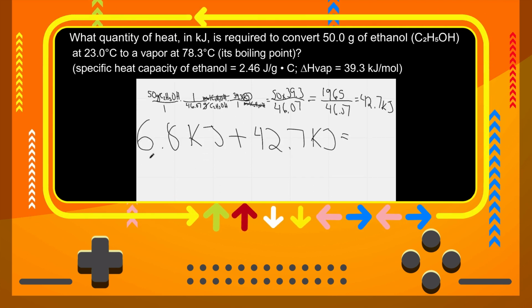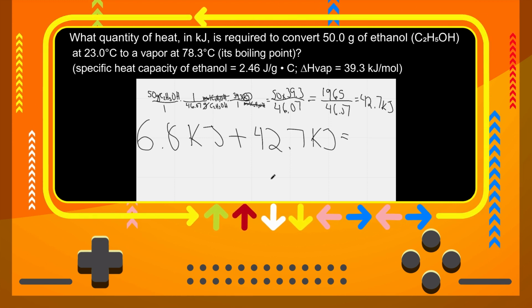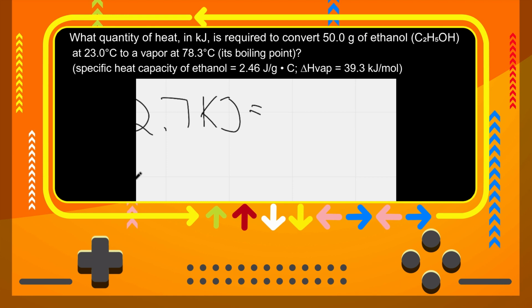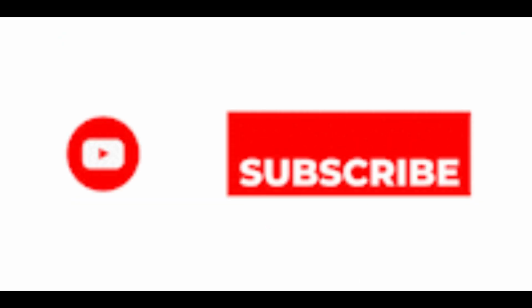And then we add up both steps to get to my final answer of my total energy for this entire thing. Well, it took 49.5 kilojoules in total.